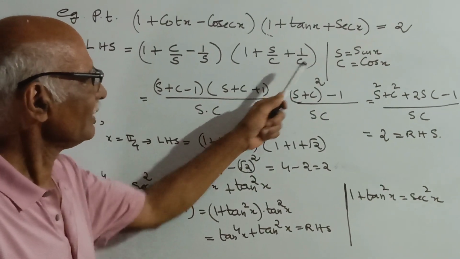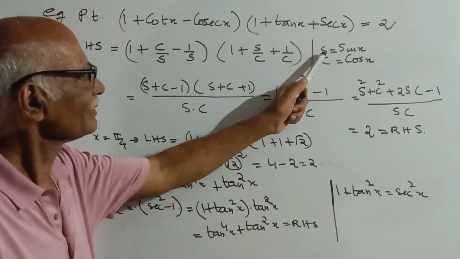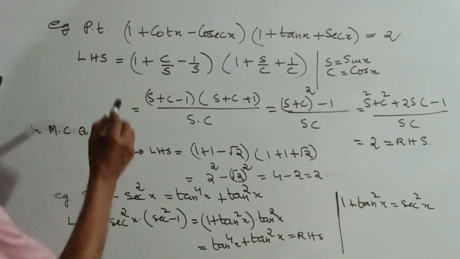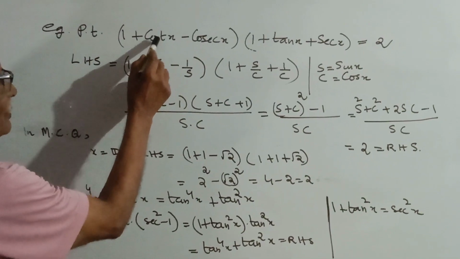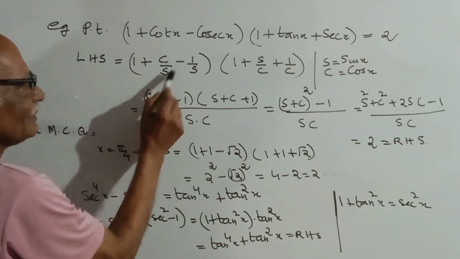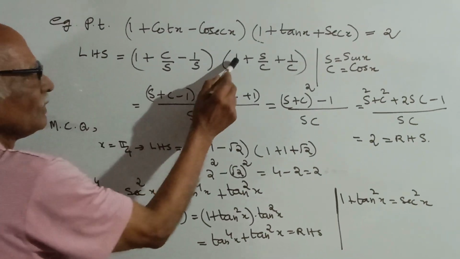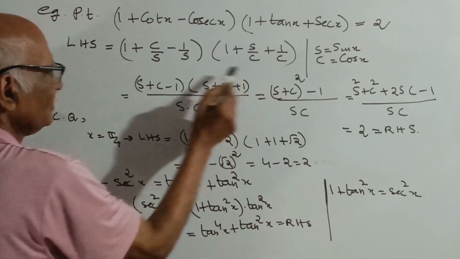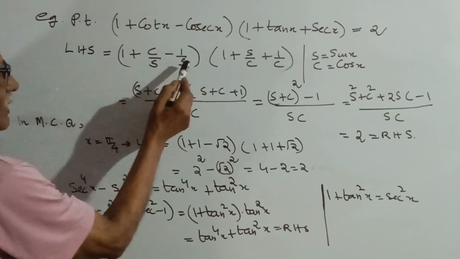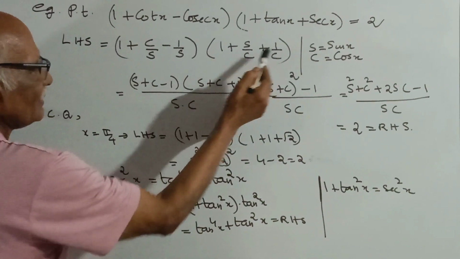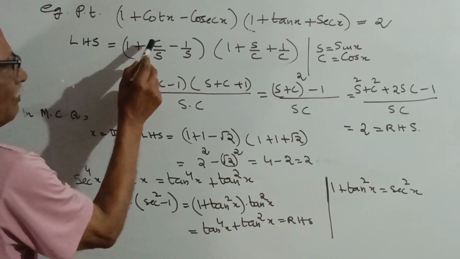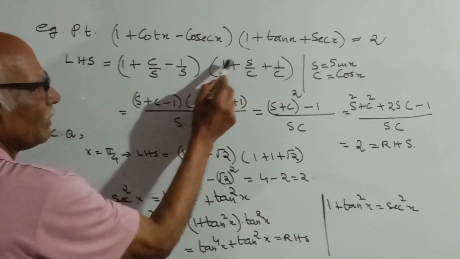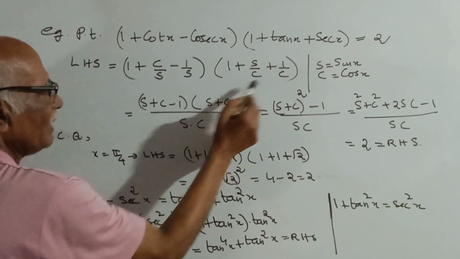Now for simplicity, we take sin x as s and cos x as c. So this becomes (1 plus c by s minus 1 by s) into (1 plus s by c plus 1 by c). You take the LCM, s as the LCM, c as the LCM. So this becomes (s plus c minus 1) by s into (s plus c plus 1) by c.